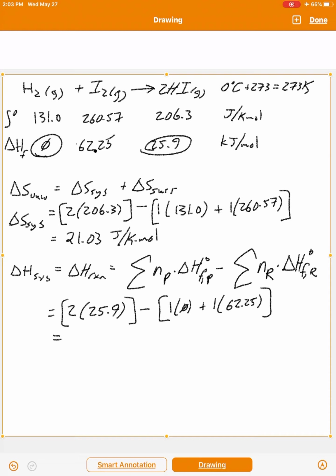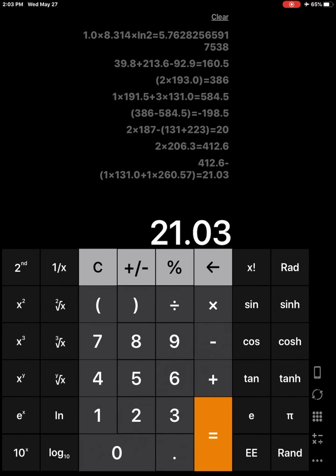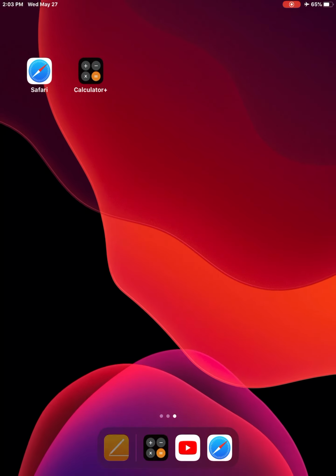Let's make it a little bit easier instead of punching all the numbers in the calculator. This would be 51.8 minus 1 times 62.25, so that would be 62.25. Okay, so 51.8 minus 62.25. So that's negative 10.45.